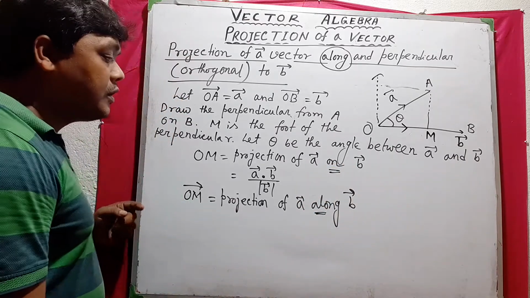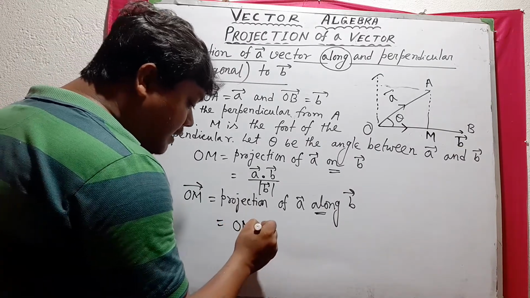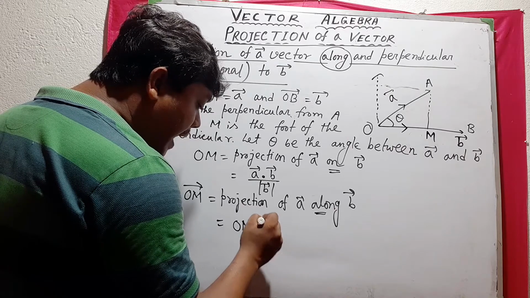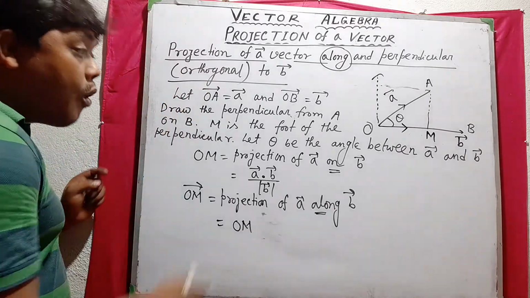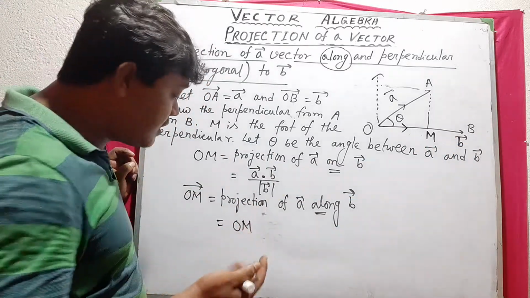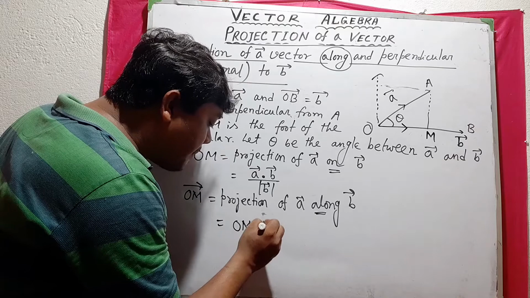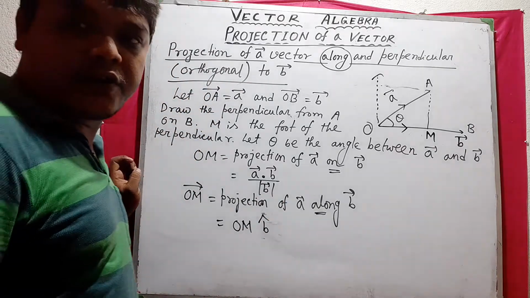So clearly this is length of OM into OM cap, বা B ভেক্টর বরাবর ইউনিট ভেক্টর কি, B ভেক্টরটা দেওয়া আছে, OM into B cap.